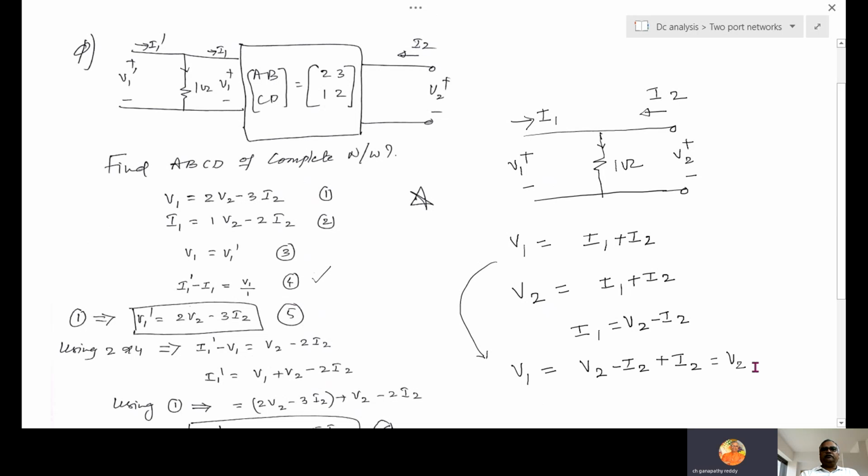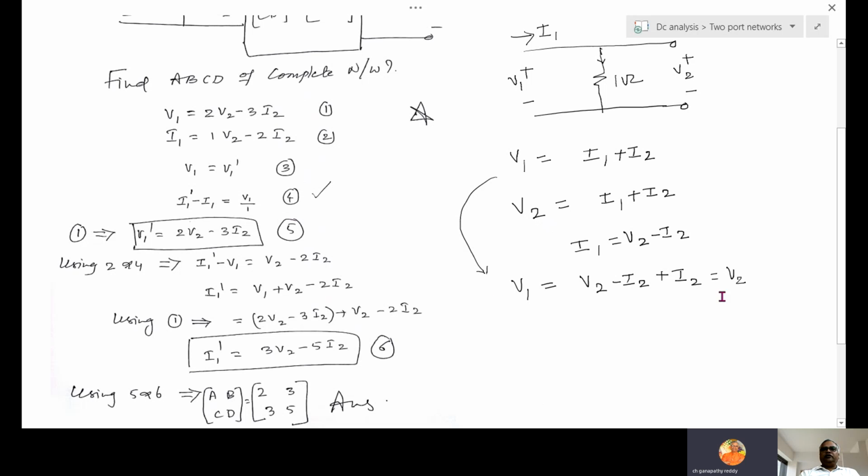So V1 equals V2, that is V1 in terms of V2, I2. Next, I1 in terms of V2, I2: simply I1 equals V2 minus I2. So V1, I1 in terms of V2, I2 we have written.